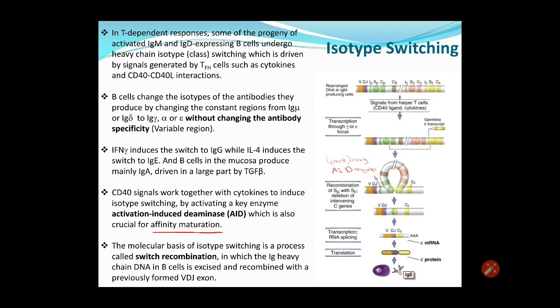So all of that is due to this important enzyme called activation-induced deaminase, and this process of isotype switching is called switch recombination at the level of DNA. But the important thing to remember is that your antigen binding region, your VDJ, is not changed. All that's changed is the heavy chain constant region.